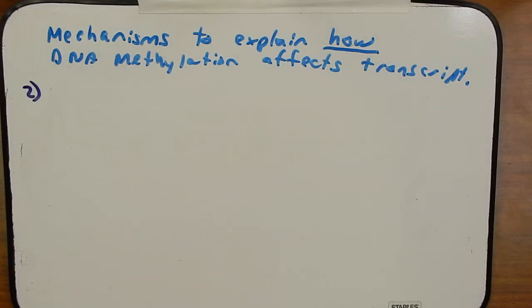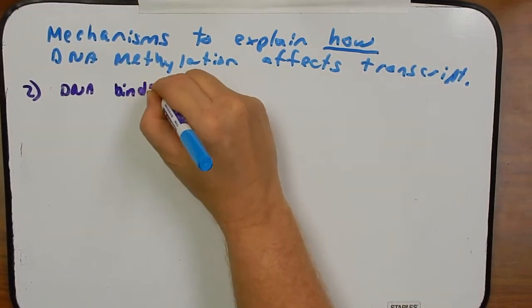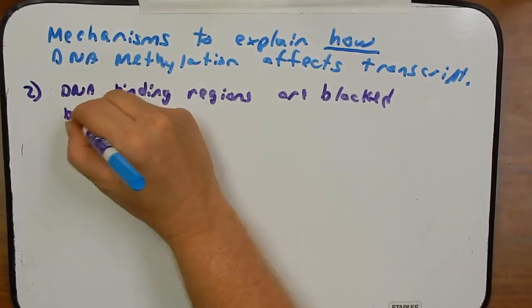Okay, this second mechanism is a little similar to the last one. In the last one we said that adding methyl groups to the DNA changed the structure of the chromatin so that transcription factors could not bind. This mechanism states that DNA binding regions are blocked by methyl groups.